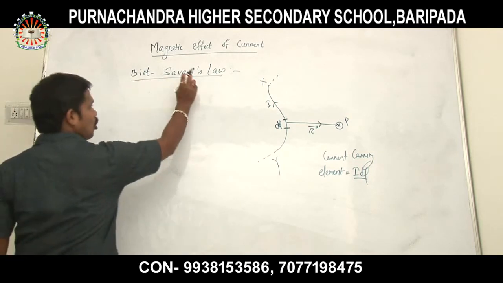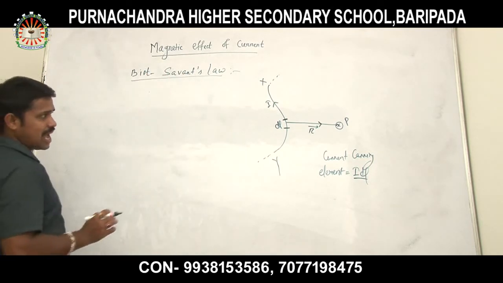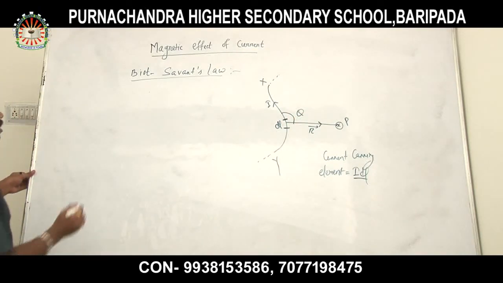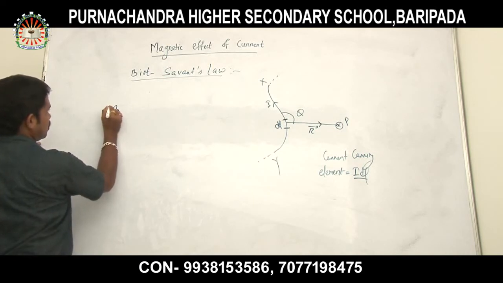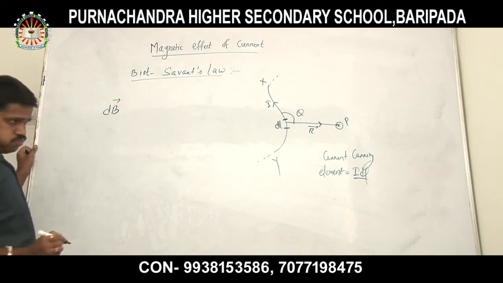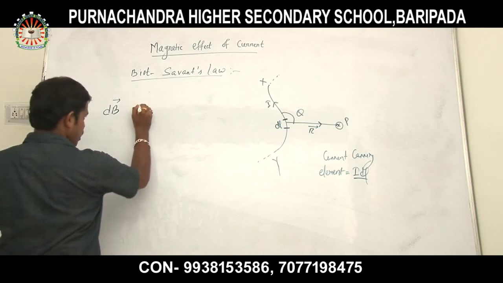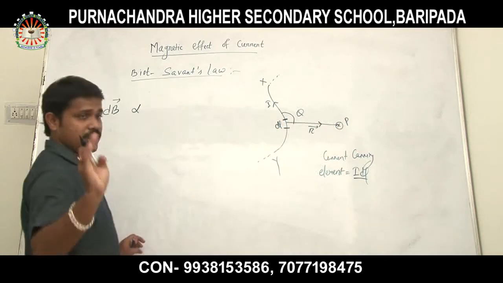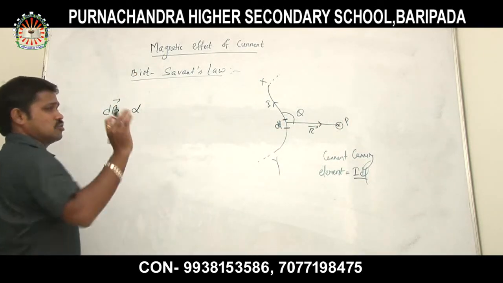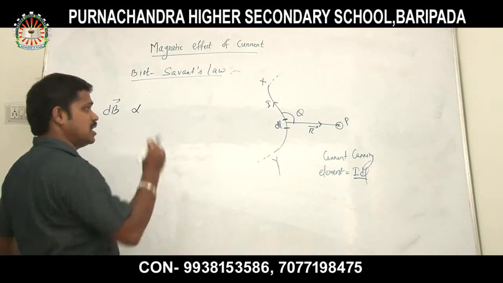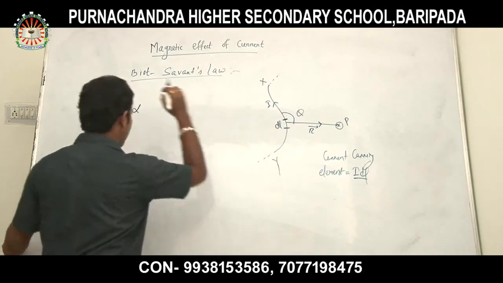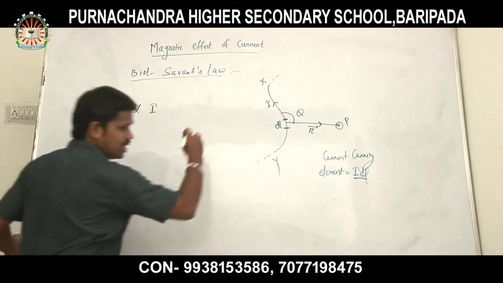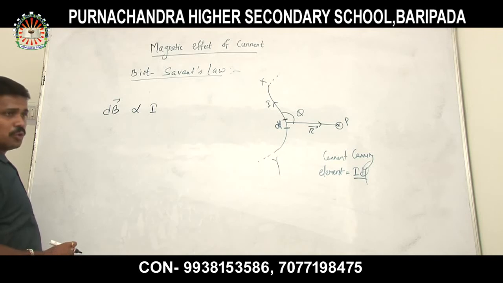Clear? So now this law, the Biot-Savart's law, states that the magnetic field dB at the point P, listen very carefully, at any point P is directly proportional to the current flowing through the element.